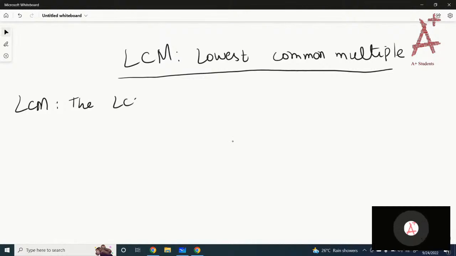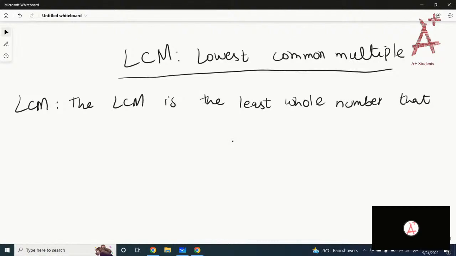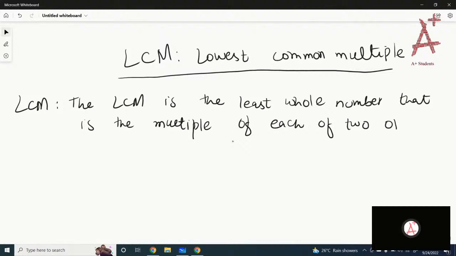So the LCM is the least whole number that is the multiple of each of two or more numbers.